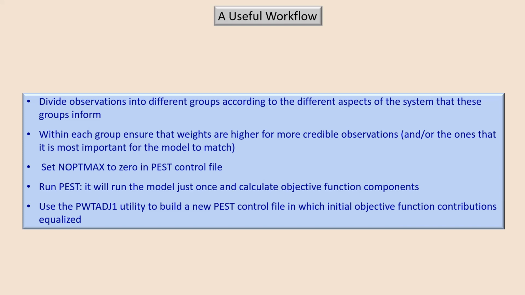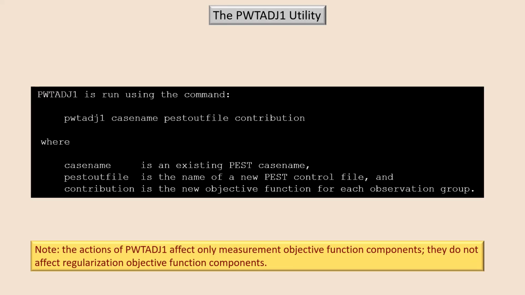Then I run the PWT-ADJ1 utility to build a new PEST control file in which weights are adjusted such that the contribution to the total objective function by each observation group, which isn't a regularization group, is the same. As usual, to see what the utility does, just type its name at the screen prompt.